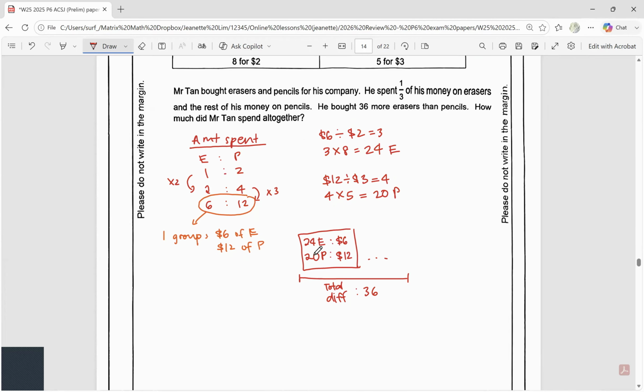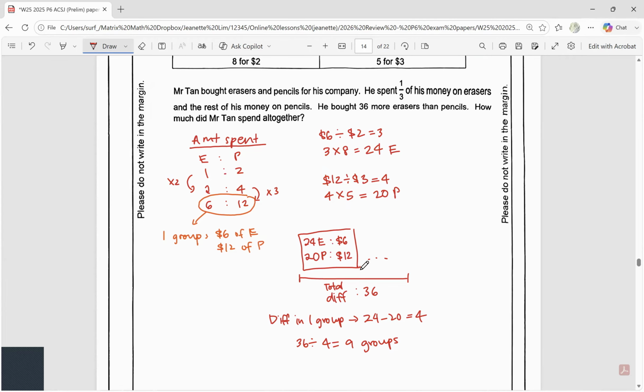So in one group, what's the difference in the number of items? The difference in one group in the number of items will be 24 minus 20, which is 4. So if every group has a difference of 4, how many groups are there for a difference of 36? So 36 divided by 4 equals 9 groups. How much did Mr. Tan spend altogether?